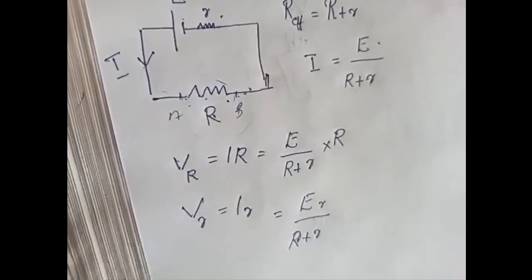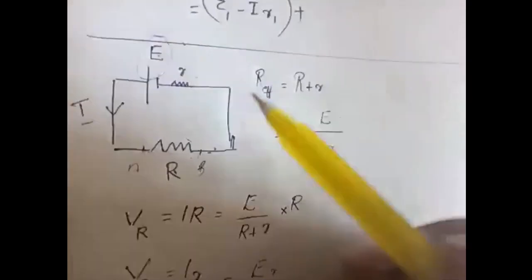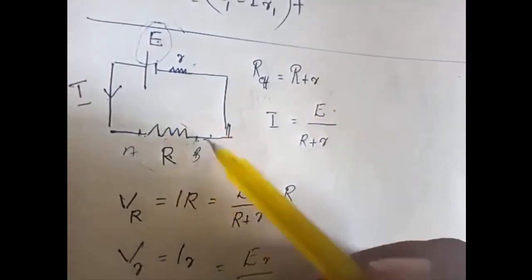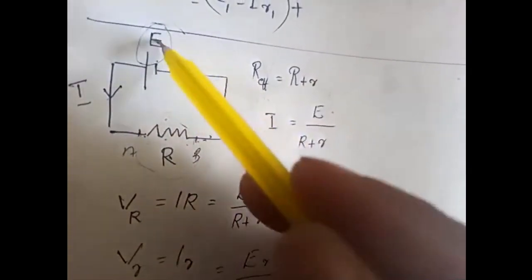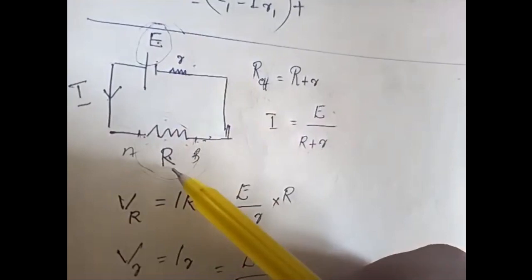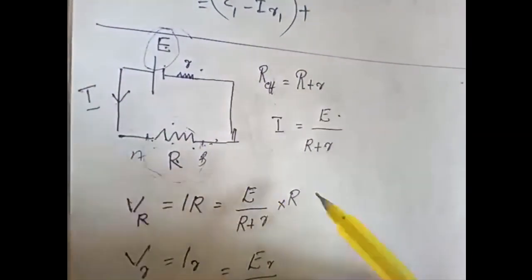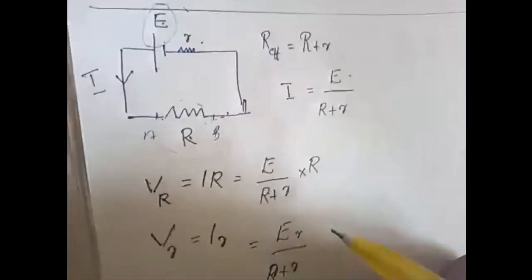Or in another way, you can do this. If E is the total potential difference, that is our EMF, and V of R is dropping here, what will be the remaining potential drop? That will be E minus V of R. If you subtract V of R, that is E R by R plus r, from E itself, you will get the same value.